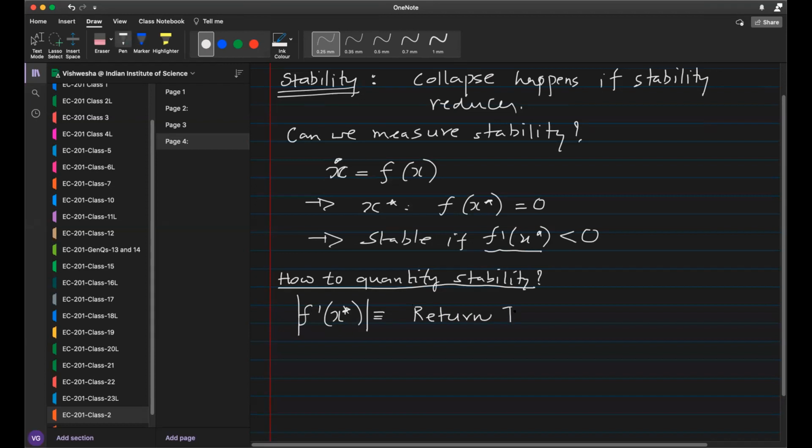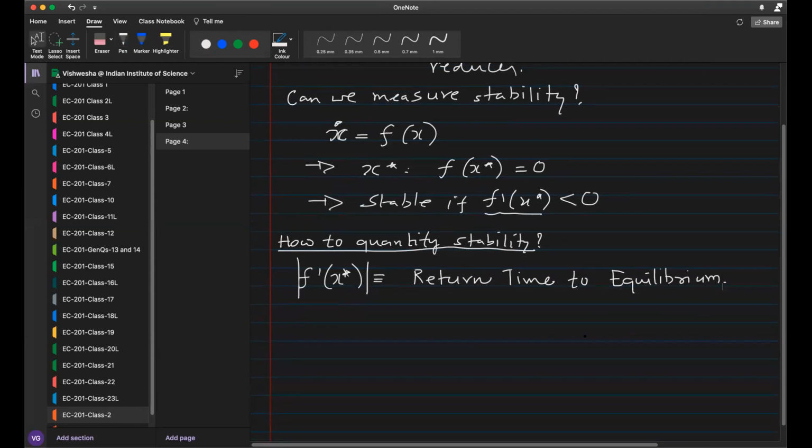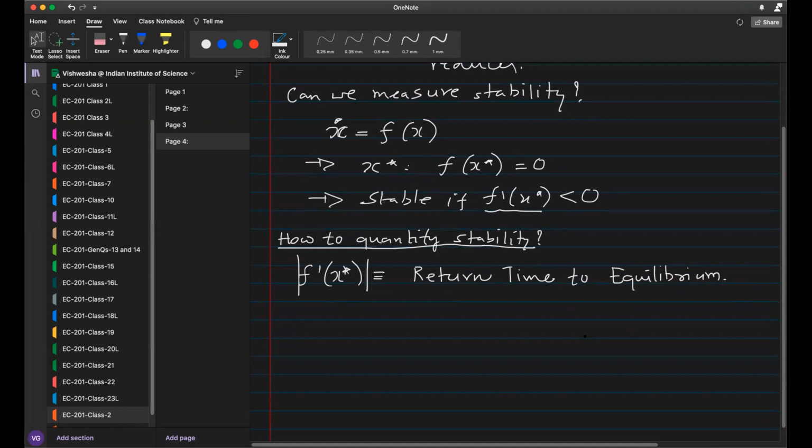Do you remember this discussion? In fact, one over f prime. This was in the first question in the midterm, right? How do you interpret f prime x? So it's actually return rate, not return time. Return rate to equilibrium. Okay. So in fact, that was the first question in the midterm exam also, right?